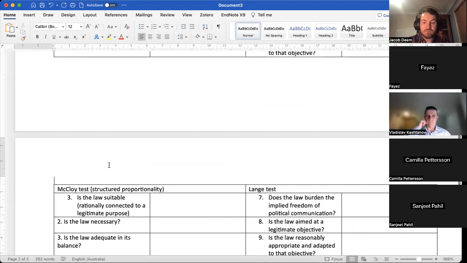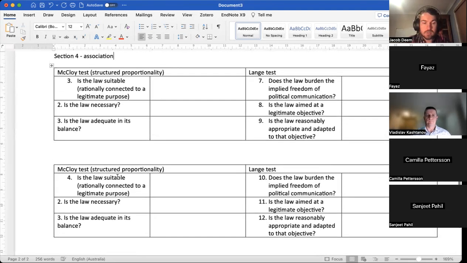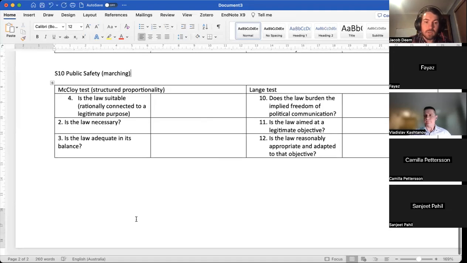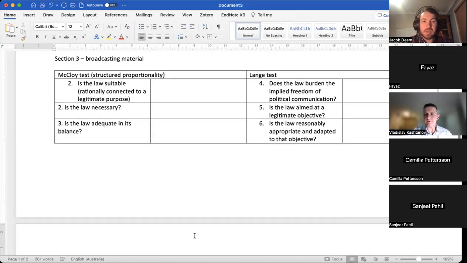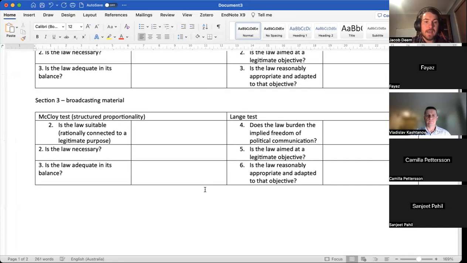We've got the section 4 association. And then we've got section 10 of the Public Safety Act, which is the marching. And then we've got the ideas around defamation as well that we'll need to think about. So let's work through them. We'll see how far we go.